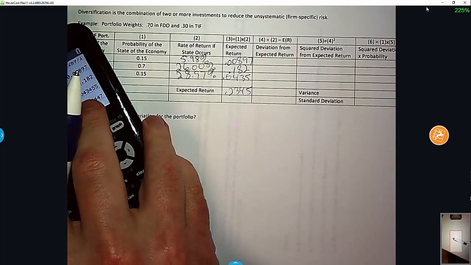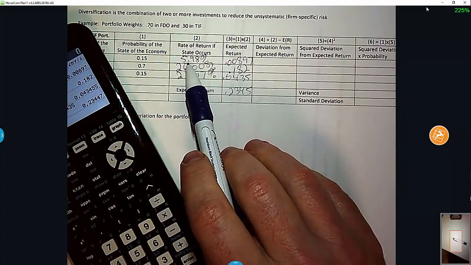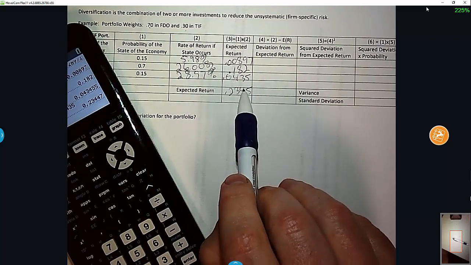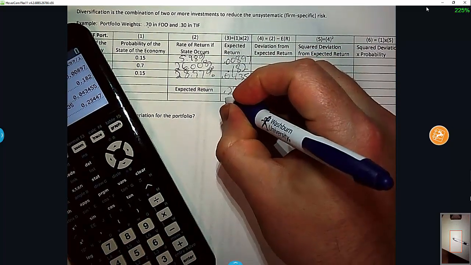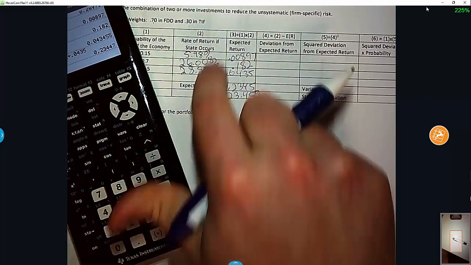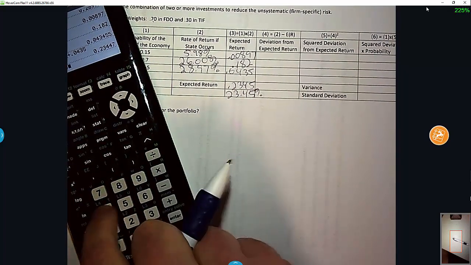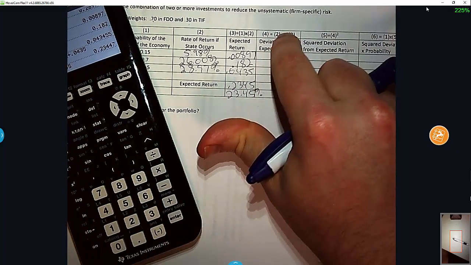I'm going to calculate the deviation from expected return just like I did before, and I do that by taking the rate of return minus the expected return. So the expected return is 23.45%. I'm going to take 0.0598, the value in column 2, minus the expected return.